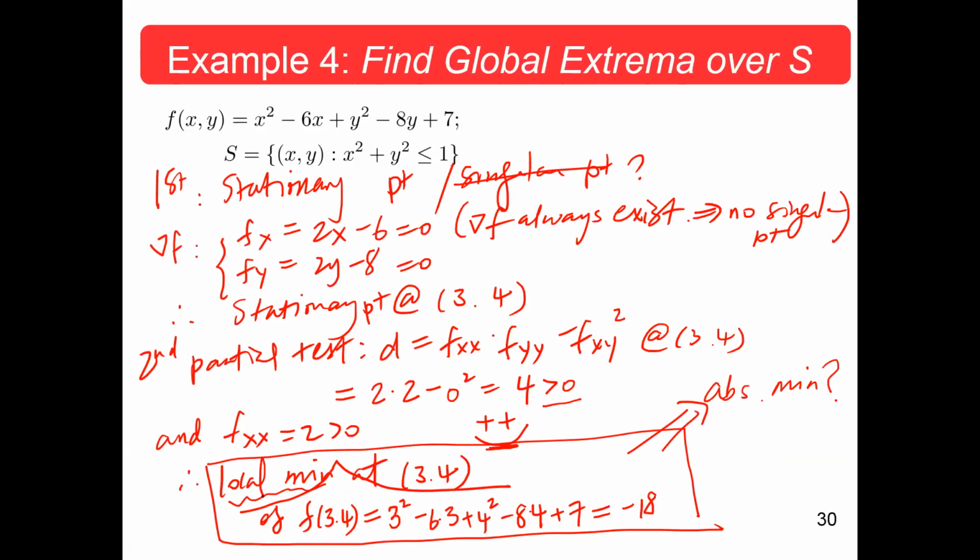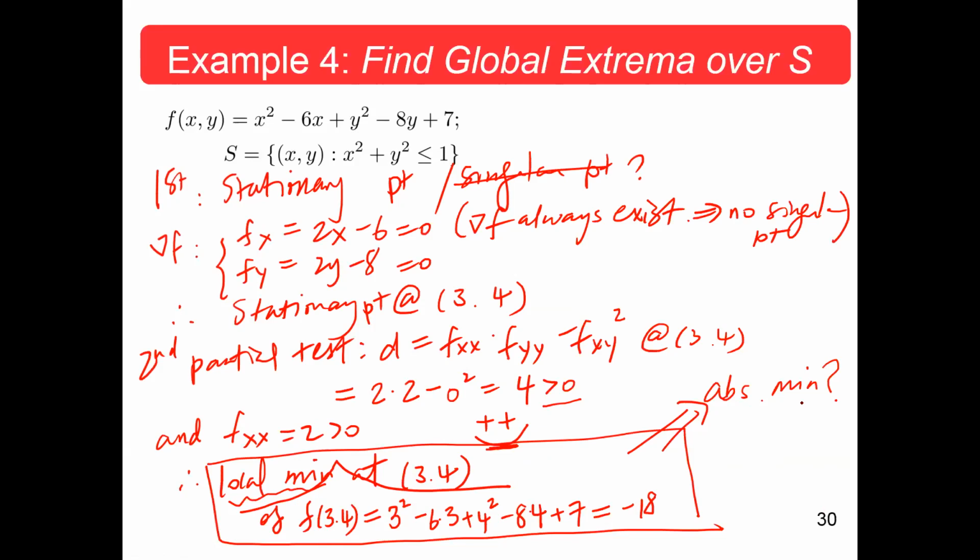How do we determine whether this local min is indeed an absolute min or not? What do we need to consider? Okay, so we have determined that the function has a local minimum value of negative 18 at (3, 4). But how do we make sure this is actually an absolute minimum?